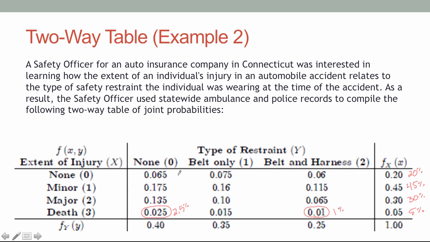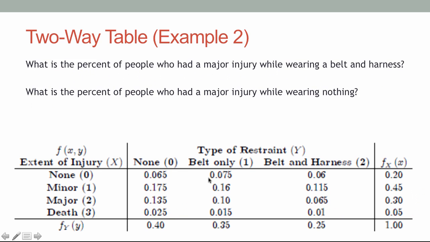Okay, so I think we got an idea how to interpret this. Let's look at a couple questions. What is the percent of people who had a major injury while wearing a belt and harness? Okay, this would be an example of a marginal distribution. Out of everyone, what is the percent of people that had a major injury while wearing a belt and harness?